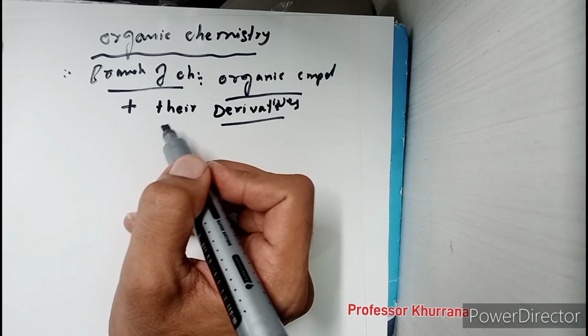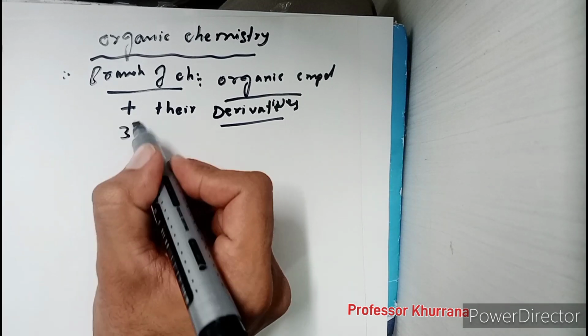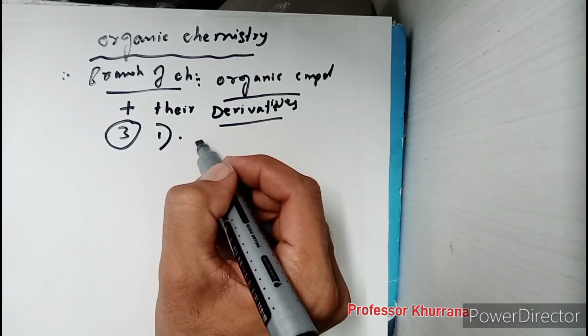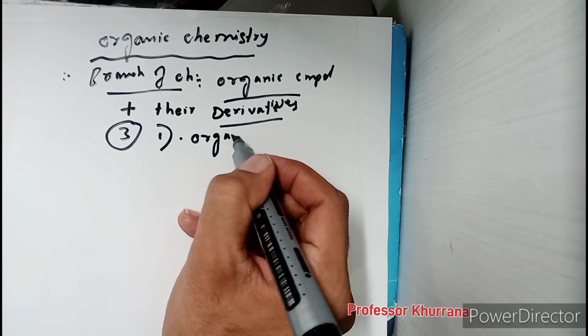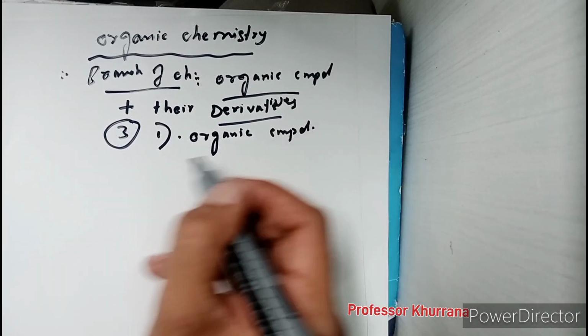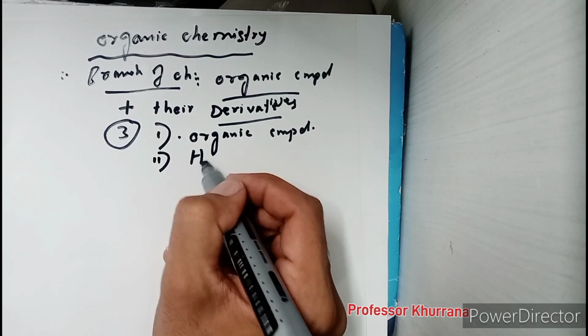In organic chemistry, we will study three things. Number one is organic compounds. Number two is hydrocarbons.